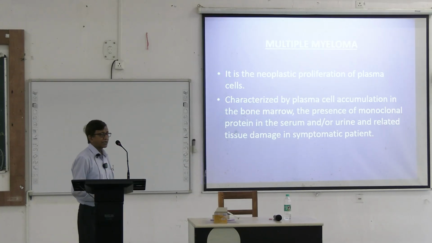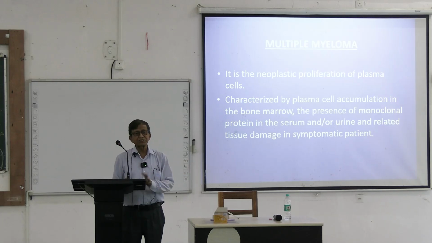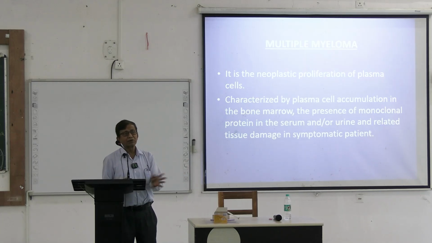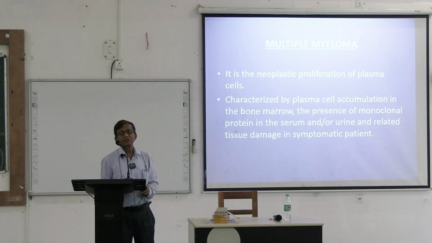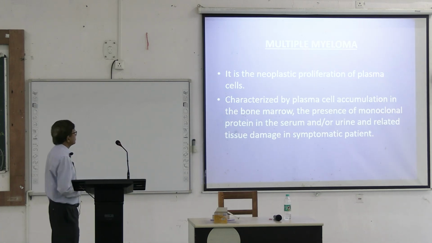So the basic thing is the plasma cells in the bone marrow. They will spread to different parts of the body and have a harmful effect on the body due to cytokines released from the plasma cells.